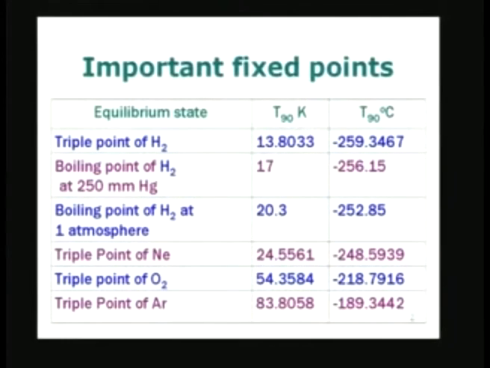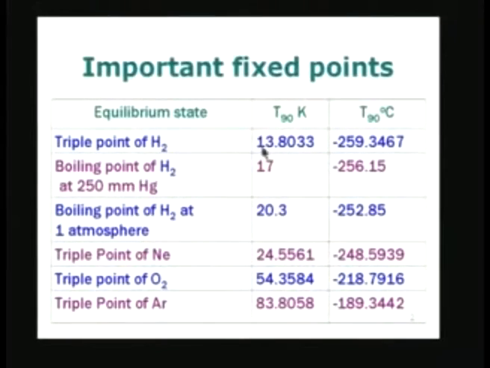So, we will start from there, and now what we are trying to do is to see how to measure using different thermometers and obtain values which are in agreement among each other. This was what was explained in the last lecture.